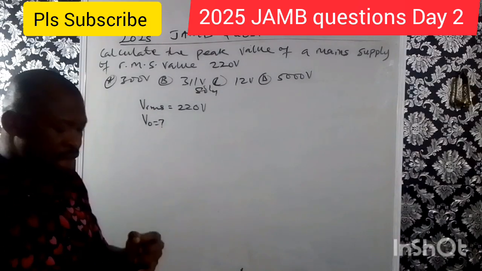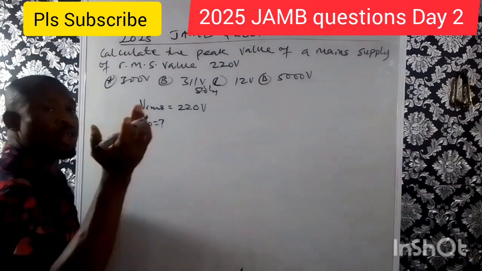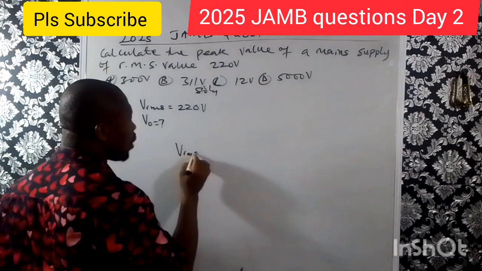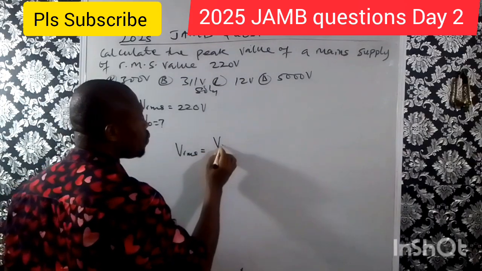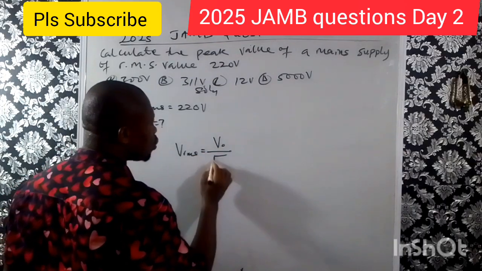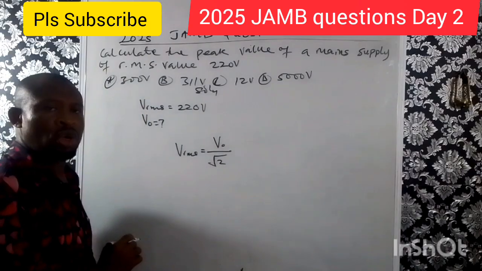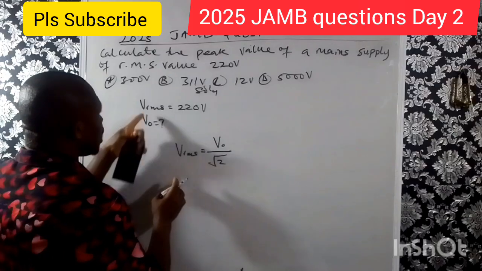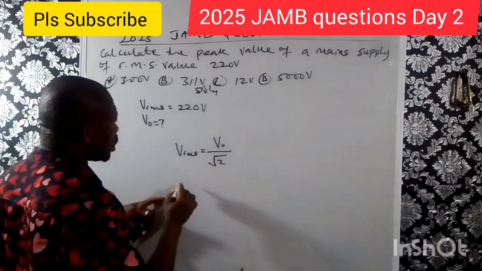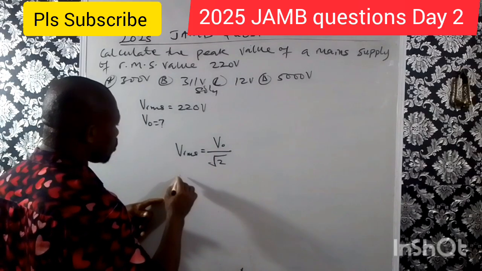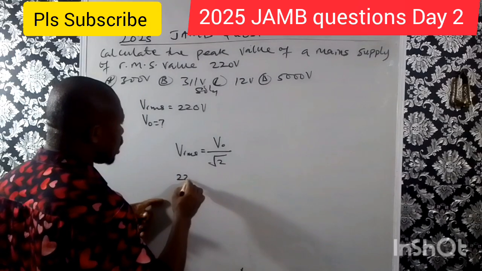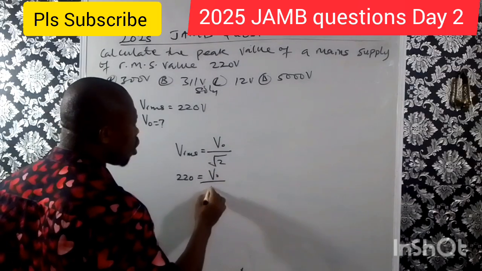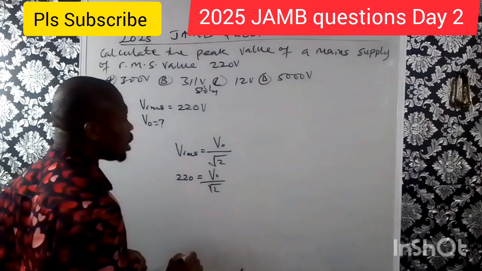How do we get the peak value? Of course we have the formula that says V RMS is equal to V naught all over square root of 2. If you substitute straight, V RMS is given as 220 volts, which is equal to V naught, what we're looking for, all over square root of 2.